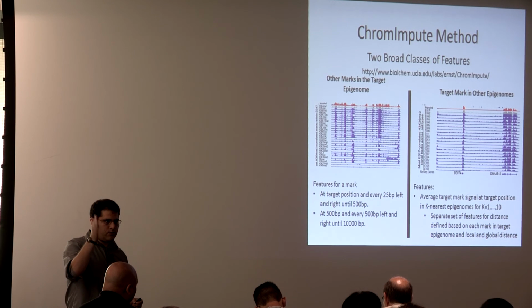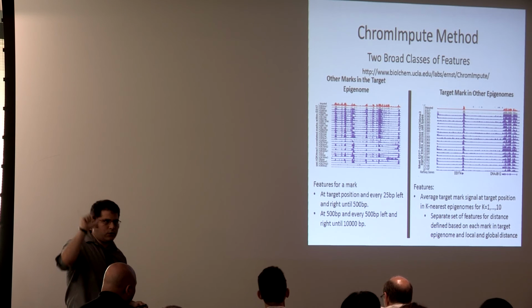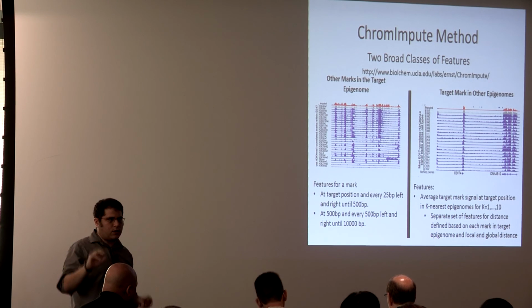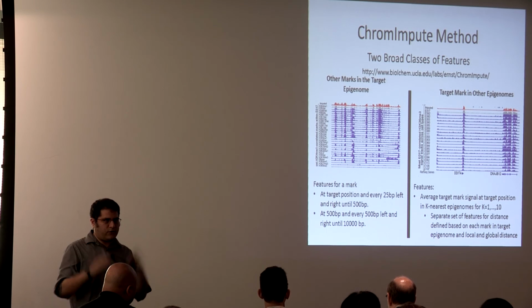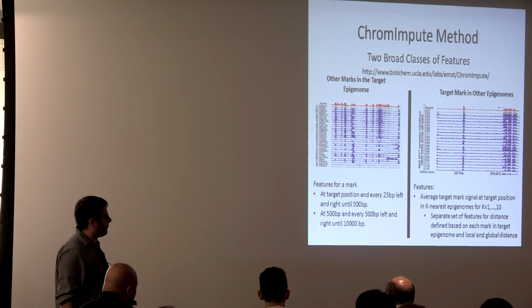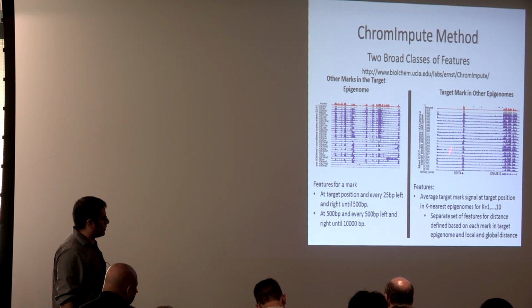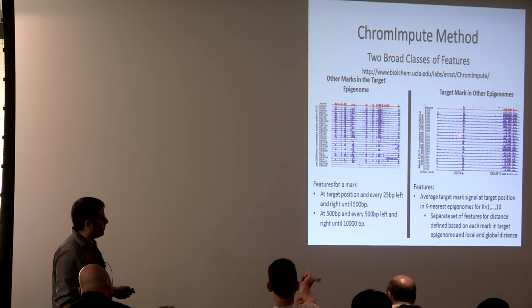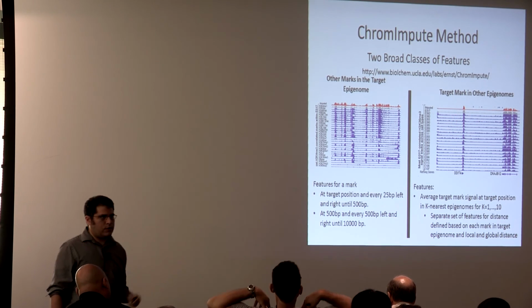In particular, we would want to emphasize other cell types or epigenomes that we think are more similar to the epigenome we're trying to predict for. So we can construct k-nearest neighbor type features, where we infer the nearest cell types based on the other marks that we do have.